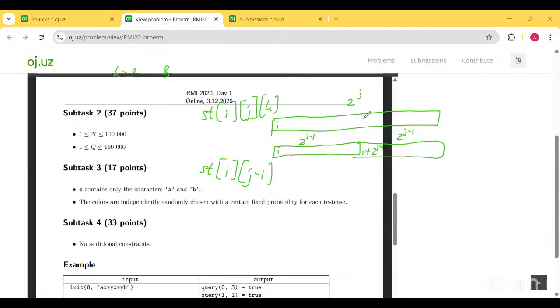The base for this is p, for example, and the base for this is p square, right? So it means it is k plus 1 added by p times ST of i plus 2 to the j minus 1, j minus 1, k plus 1.